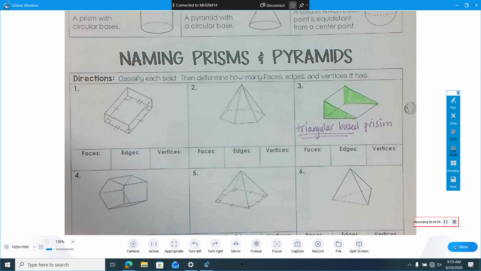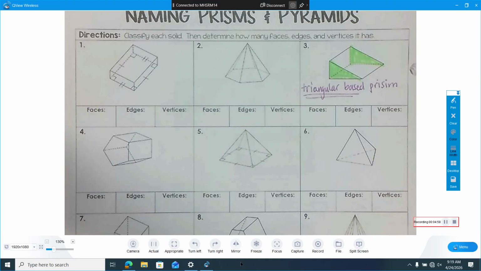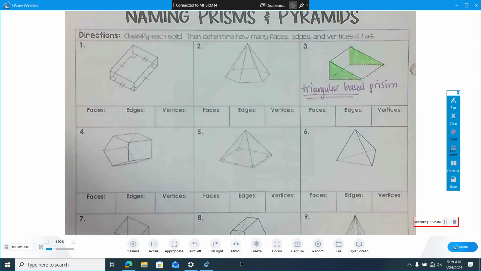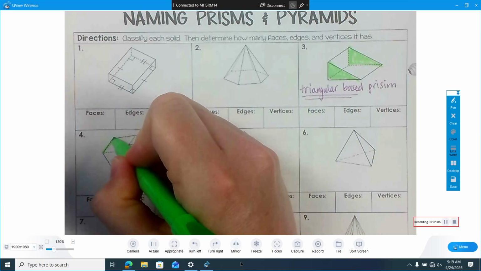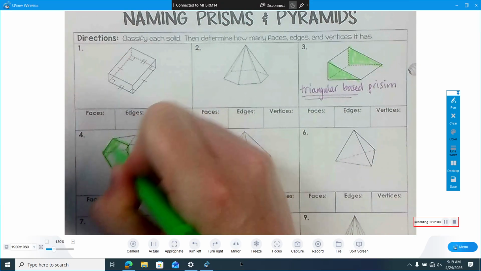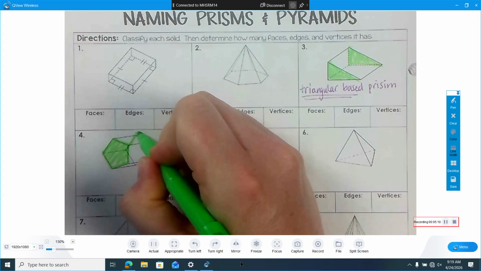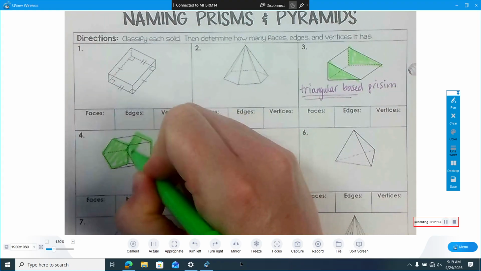What about number 4, prism or pyramid? Prism. What are the bases? Pentagons, yeah, we have this pentagon shape here. There's one base, and then back here at the back edge, there's the other base.